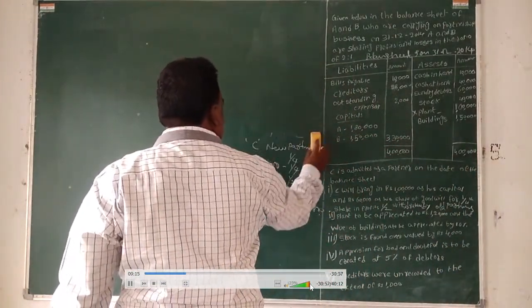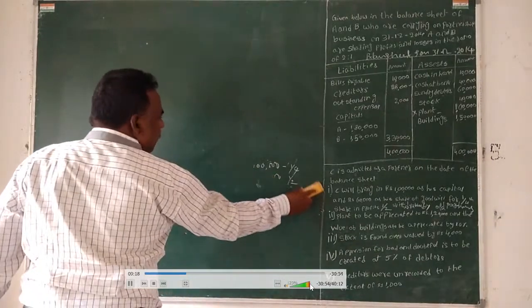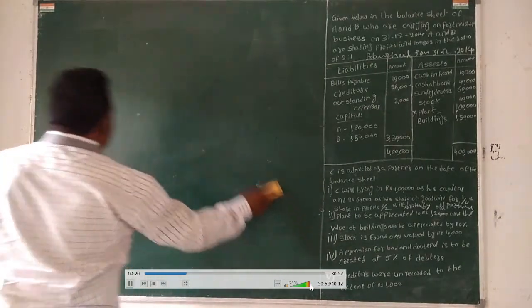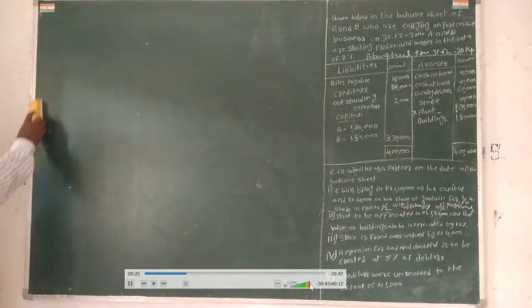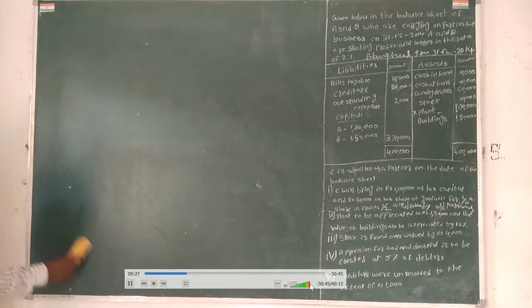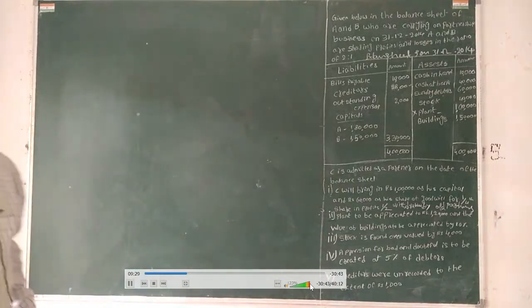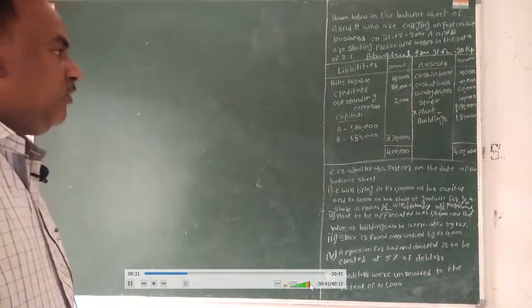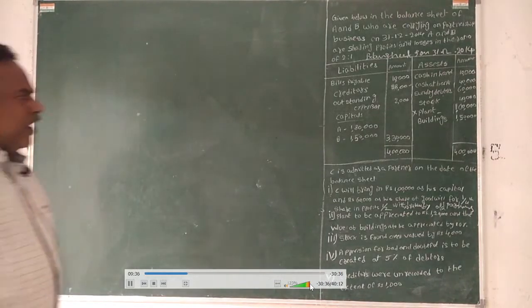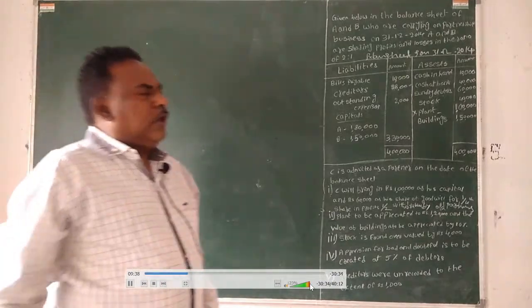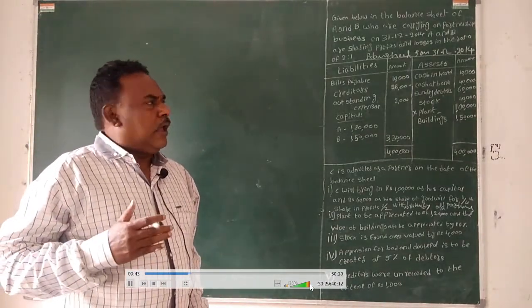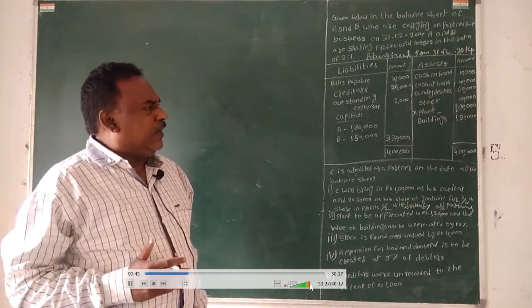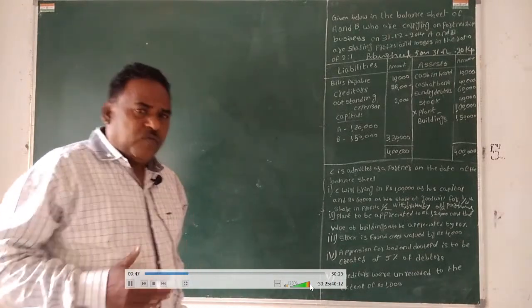Revaluation account. Here we have debit and credit. The account has been divided into two parts, namely the debit part and the credit part.